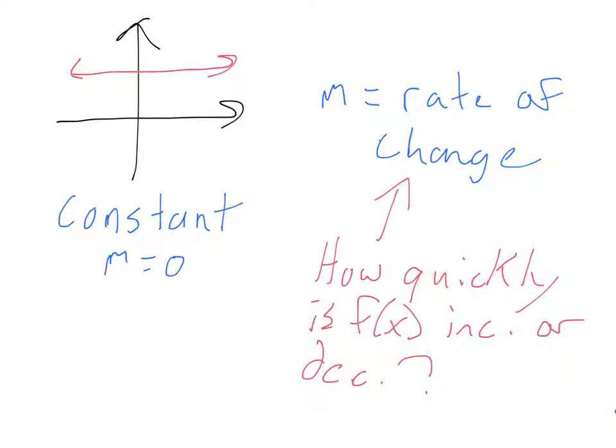That's what the slope is going to give us a sense of. So with linear functions, it's obvious whether a function is increasing or decreasing. It's just the slope.